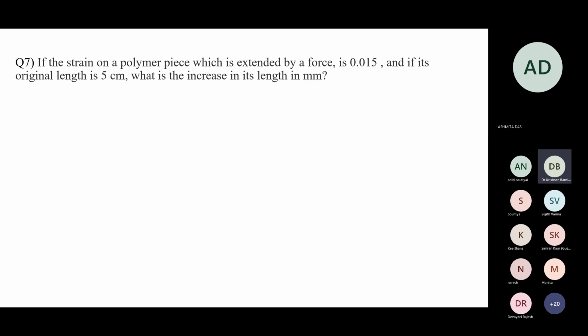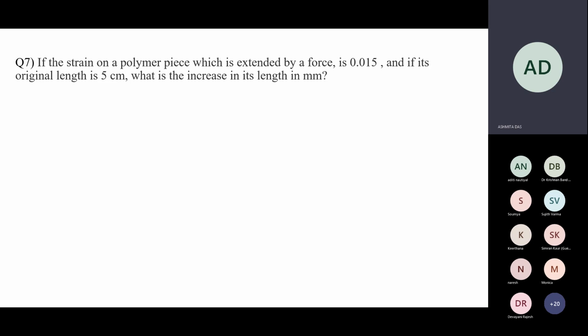The original length is given in centimeter, so convert it to millimeter. 5 centimeter is equal to 50 millimeter, and so we get 0.75 mm.